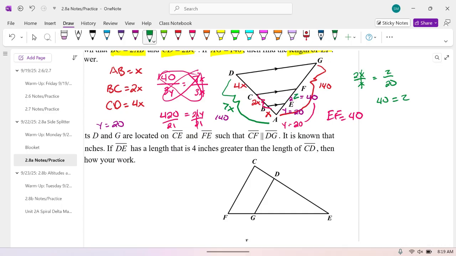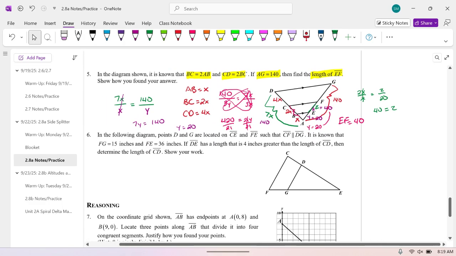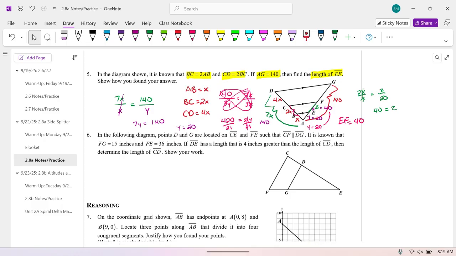Okay, that was confusing as all get out, and I'm sorry about that, but do you guys get the premise of what I did? What I essentially did, guys, was first find what this little piece was. Because if I didn't know what that was, I couldn't find EF. So I had this entire side.